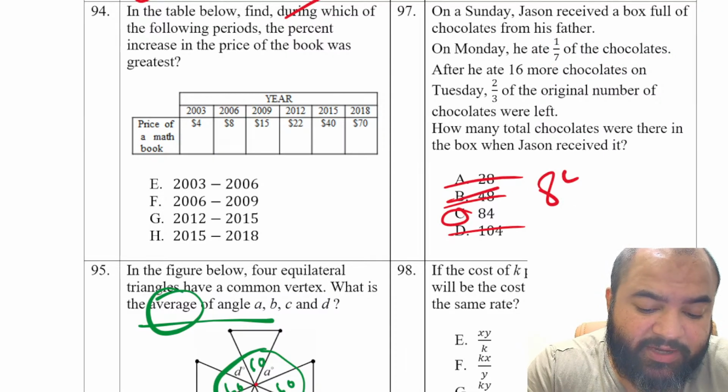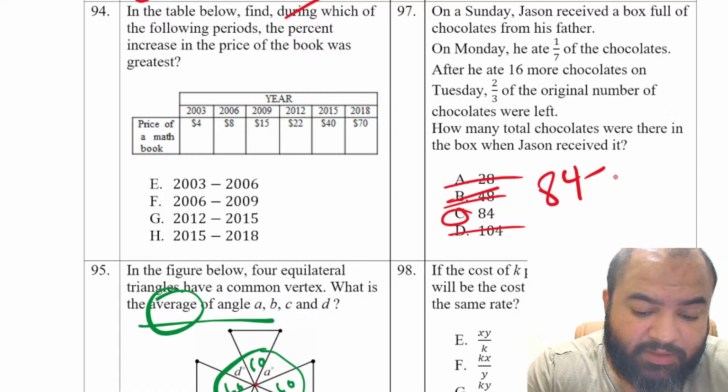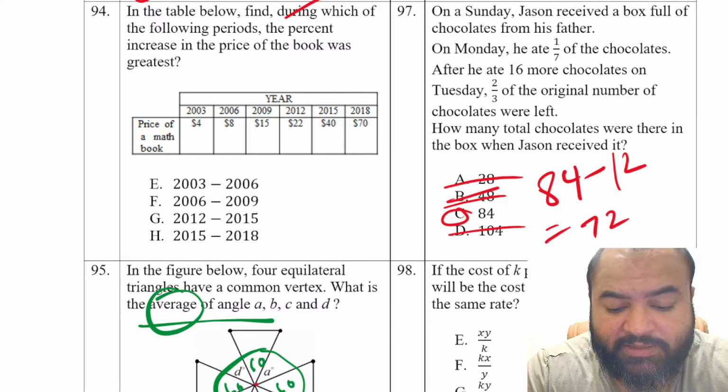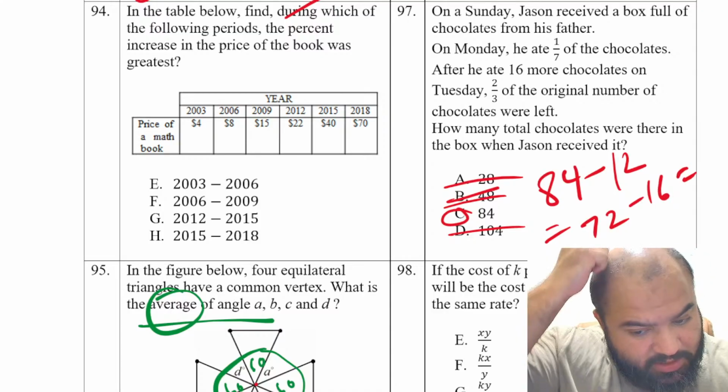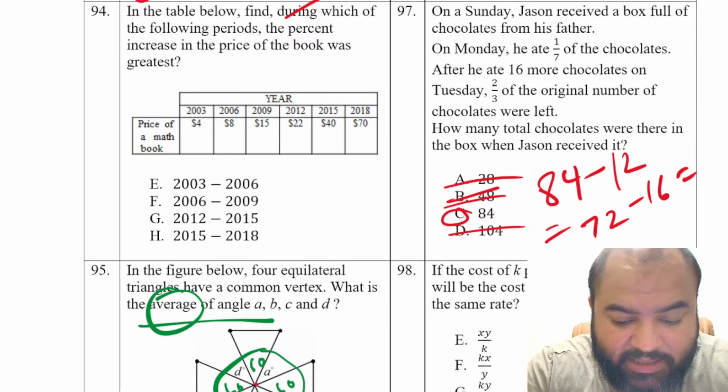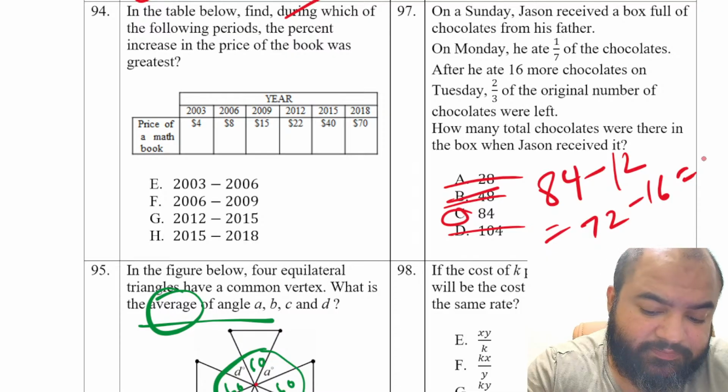So 1/7 of 84 is 12. Minus that, 72 chocolates after eating 1/7, minus 16 more, that's 56.